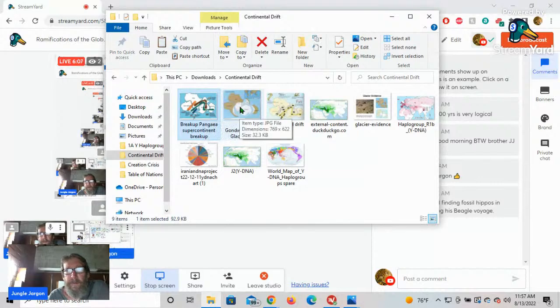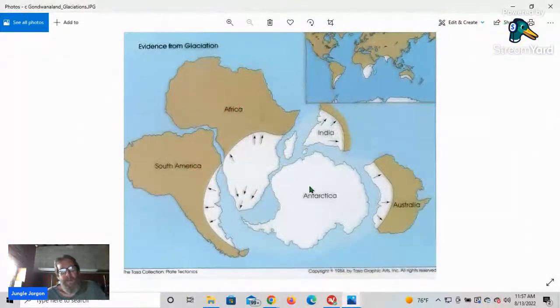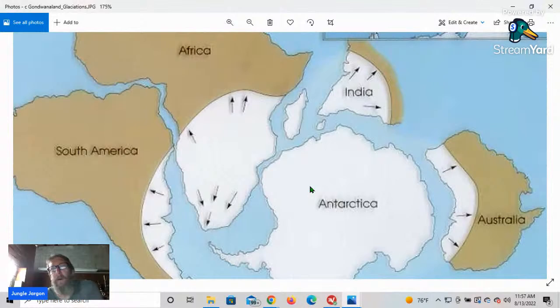I guess this is the one I want here. It just shows it a little bit better. Same picture. Glacial markings on top of the sediments deposited by the global flood, by the way, showing this pattern here, showing they were all once connected: South America, Africa, India, and Australia.